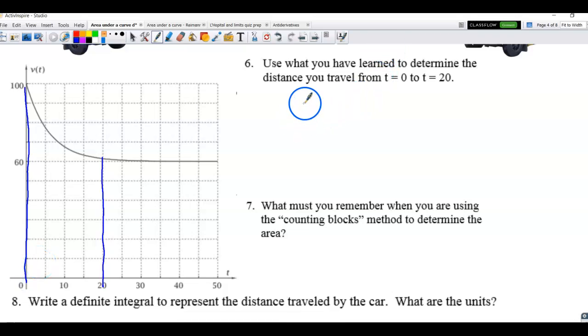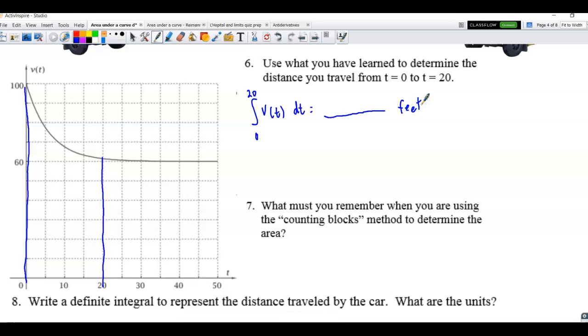We're going to accumulate the area starting at a lower bound of 0, stopping at an upper bound of 20, and we're still accumulating area under the velocity curve. That's going to give us change in position. In this case, it's actually going to give us distance traveled, because in this problem all of the area is positive. So this is going to give us feet.